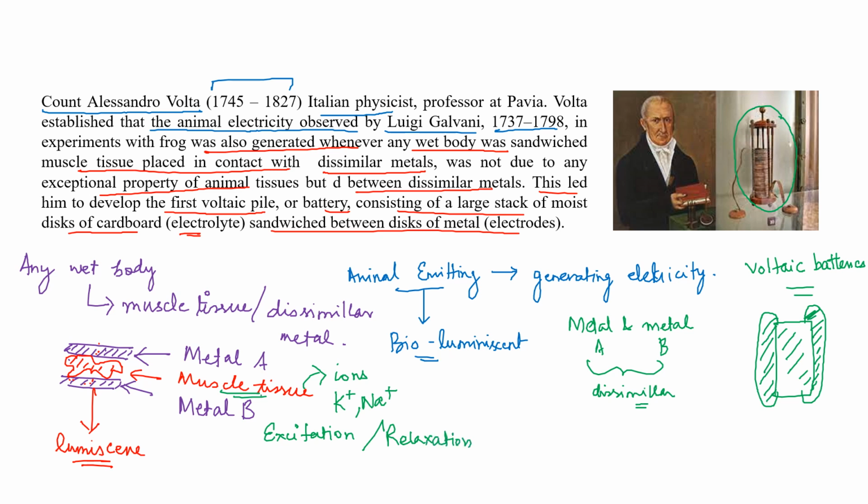And our muscles work on the basis of release of calcium 2+ ions. If these calcium 2+ ions are reduced, our muscles will start feeling fatigue. So these many ions are there, and they keep changing places. That's how this muscle tissue, when kept between metal A and metal B, behaves like an electrolyte.